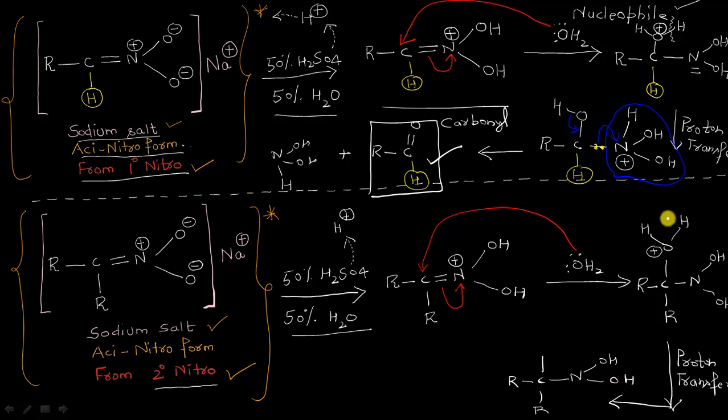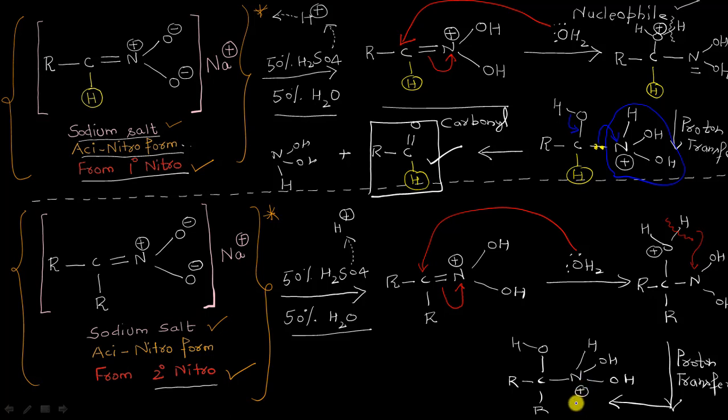And when this proton transfer will take place from here, it will be taken up by this nitrogen atom, such that this will now become OH here, and one H positive will be taken up by this nitrogen, and a positive charge will appear here like this.